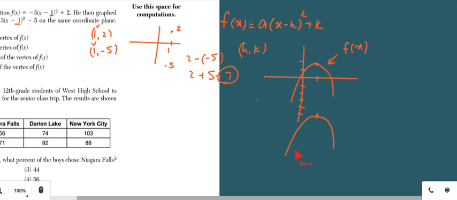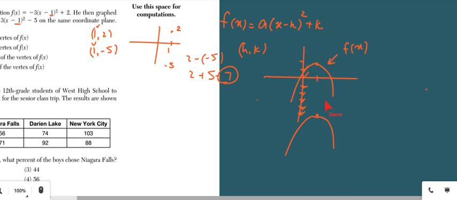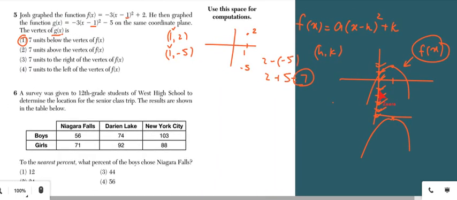Now how much down is this one? 1 unit, 2, 3, 4, 5, 6 and 7 units. So that means the vertex of f of x is 7 units above g of x. Or in other words, the vertex of g of x is 7 units below f of x.